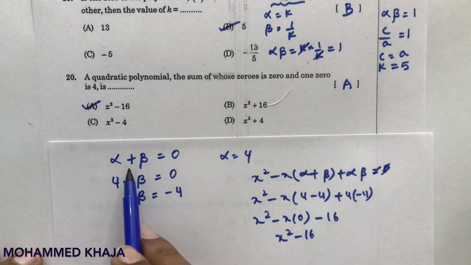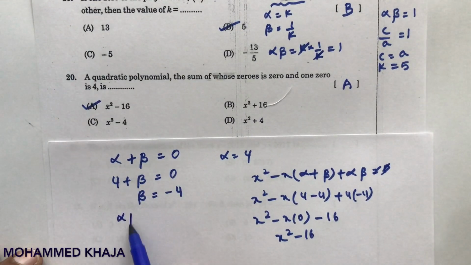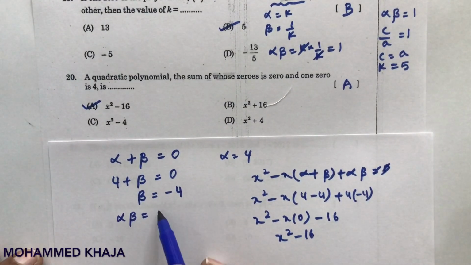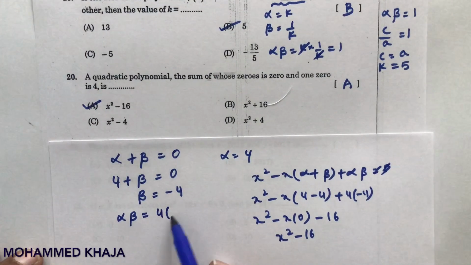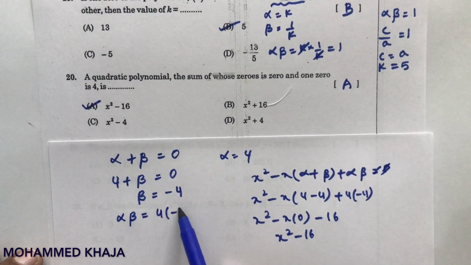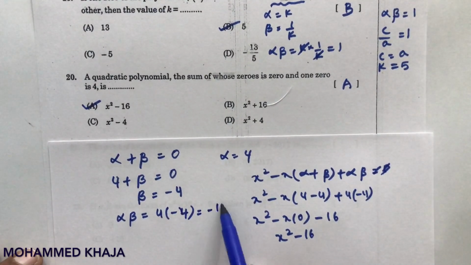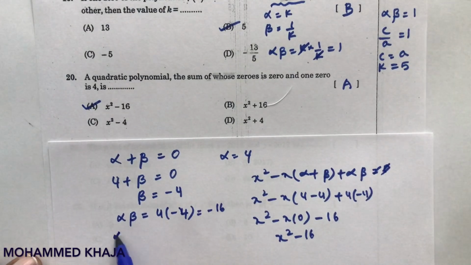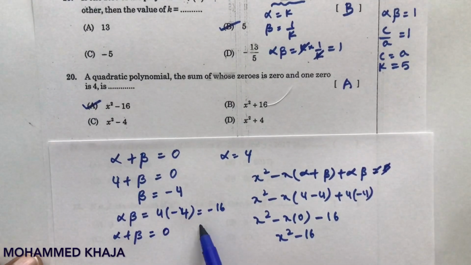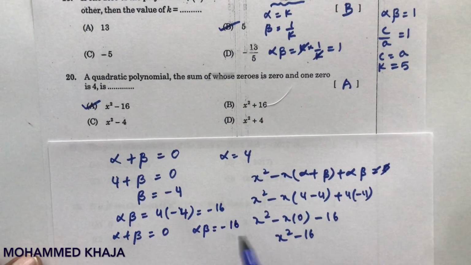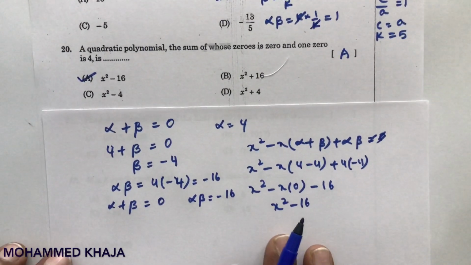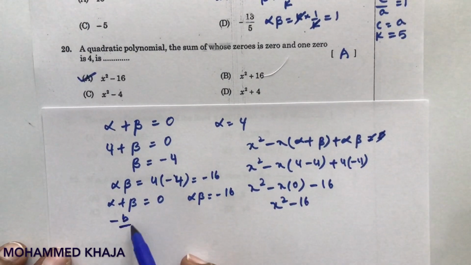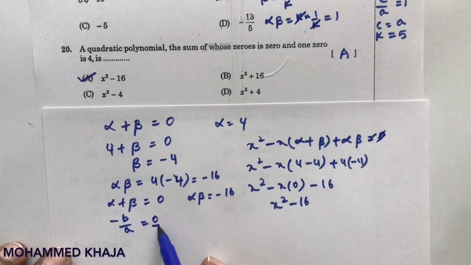Or you can do in another way. Sum is 0. So you can calculate product. Product will be 4 into minus 4, which is minus 16. So sum alpha plus beta is 0. Alpha into beta is minus 16. So here you can write alpha plus beta is minus b by a equals 0.